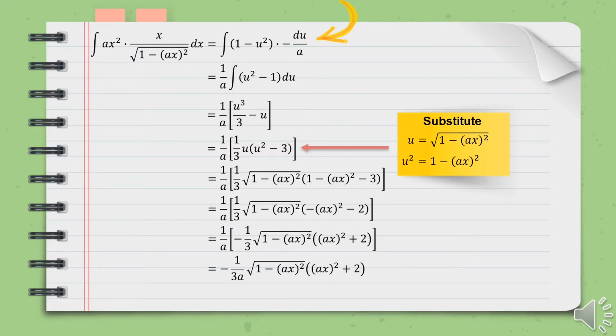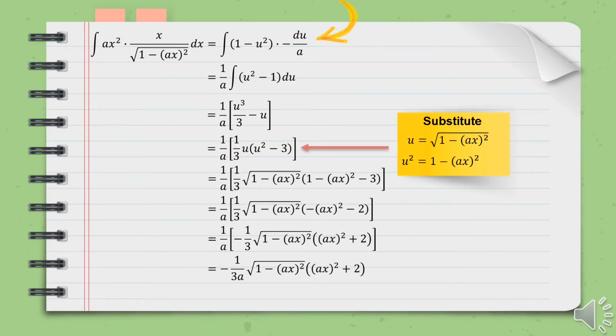Then we integrate u squared minus 1, so we will get 1 over a times u cubed over 3 minus u. And then we substitute u and also u squared into the equation. So we will get 1 over a times 1 over 3 square root of 1 minus ax squared times 1 minus ax squared minus 3.